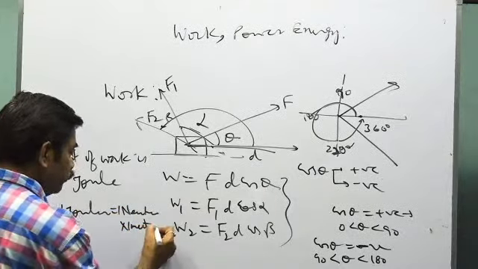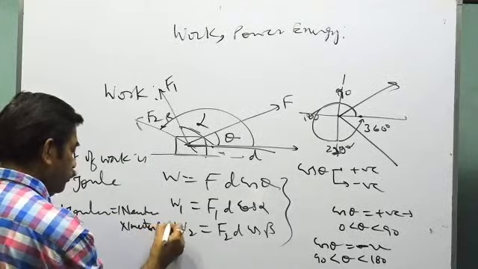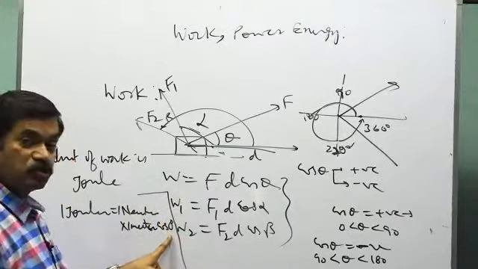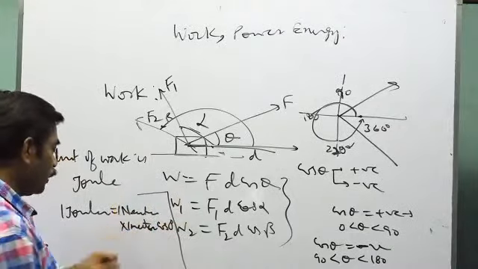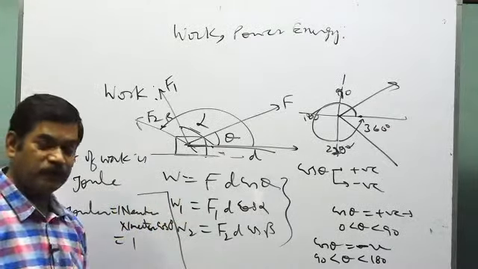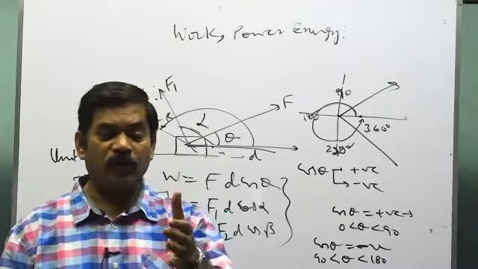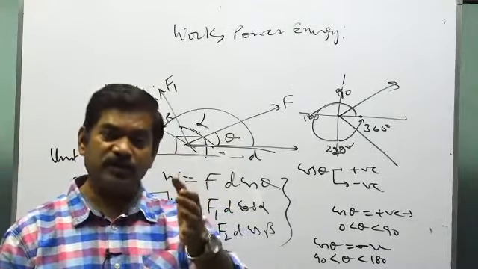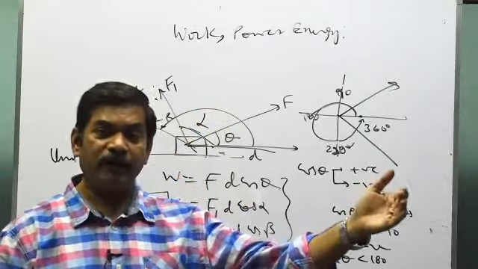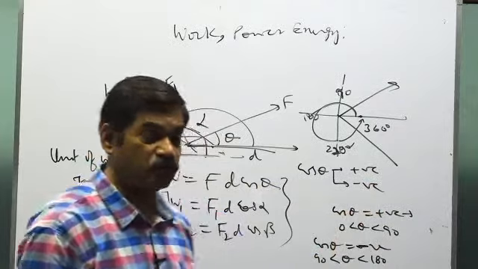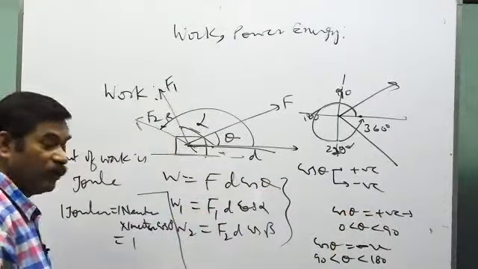In the direction of force means cos of 0. Now see, cos of 0 is 1. So 1 into 1 into 1 is 1. That means 1 joule of work is done when a 1 Newton force acts on a body and displaces the body 1 meter in the direction of force. Then we will say that the work done is 1 joule.